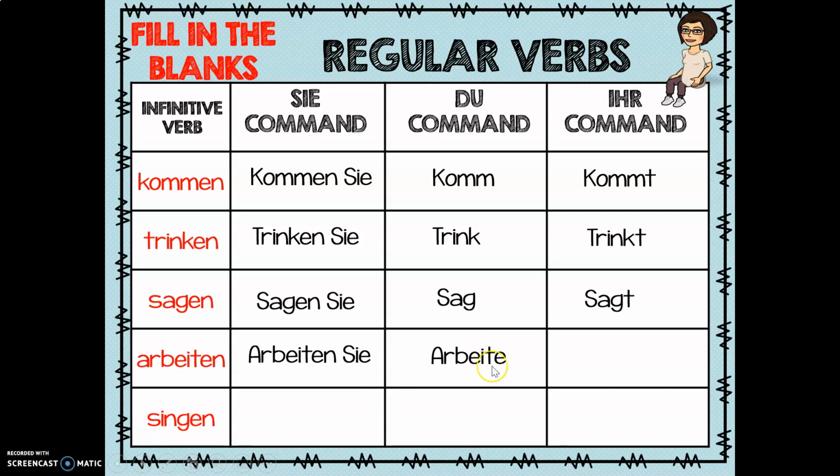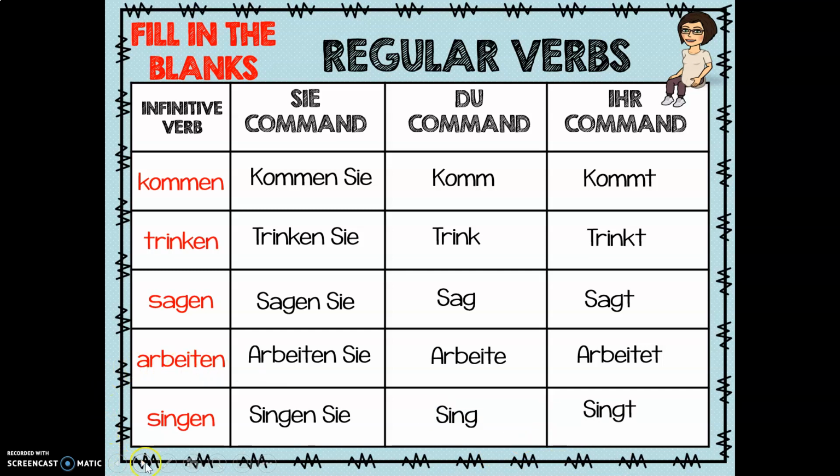Anything that ends in T or D, like arbeiten, finden. Remember when we kept the E before conjugating, like er arbeitet, du arbeitest? If it's one of those verbs, you have to keep the E. Arbeite. Arbeitet. Singen Sie. Sing. Singt. So that's fairly easy.